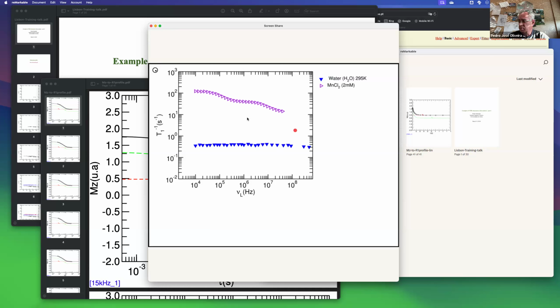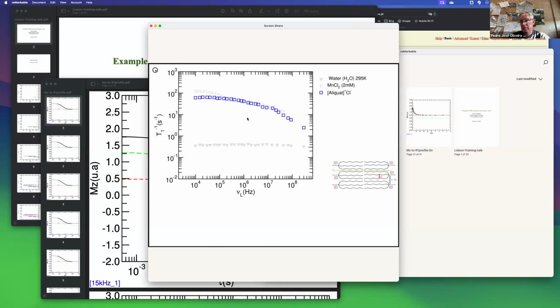In the high frequency range, most of them come down to the place where we find the simple liquids. And in the low frequency part, for lots of systems, we see the relaxation rate increasing. Now, this is again for water and manganese chloride. So let's move on.